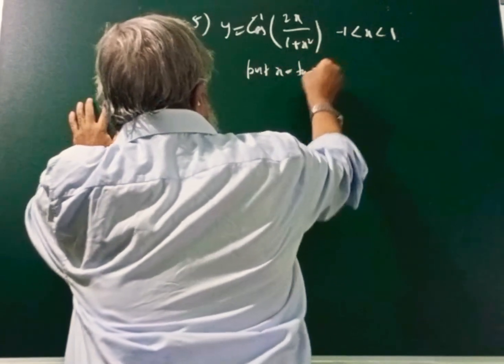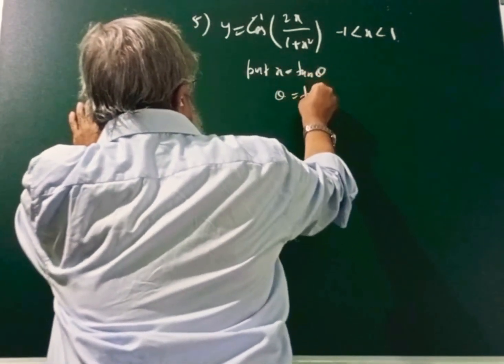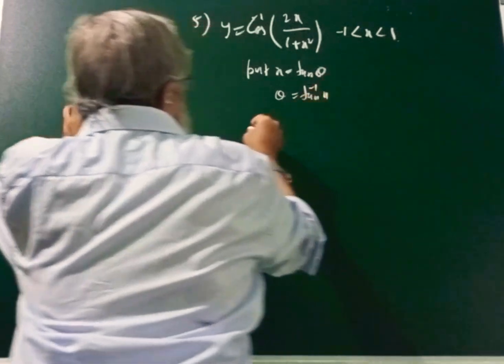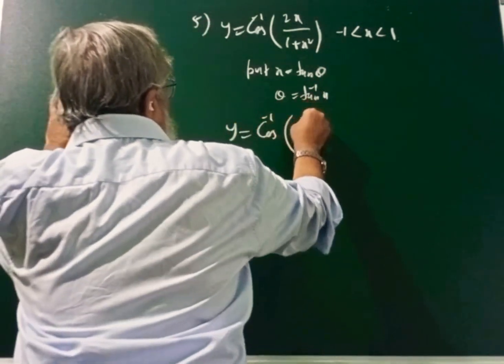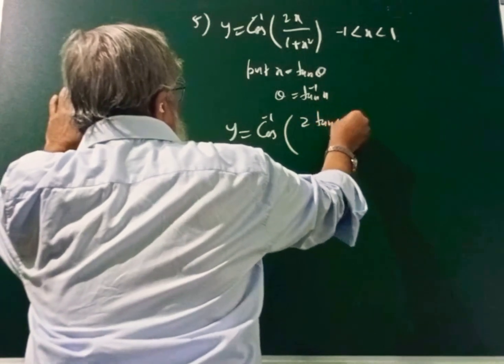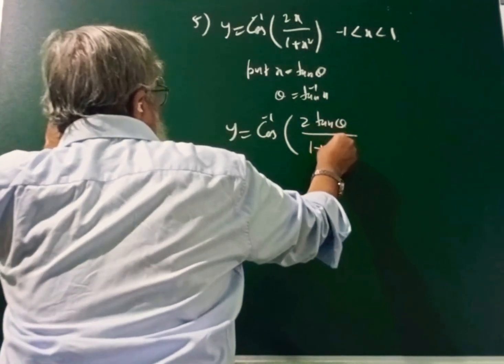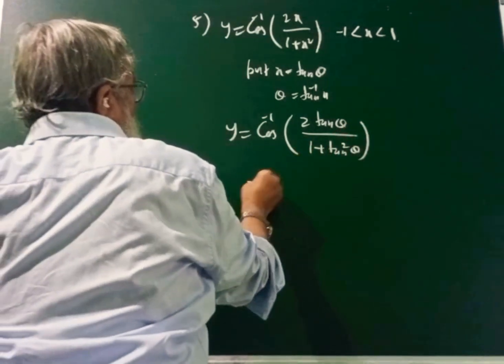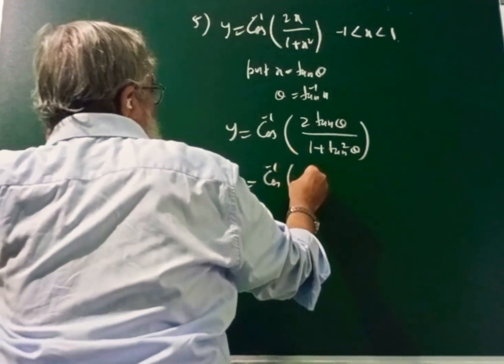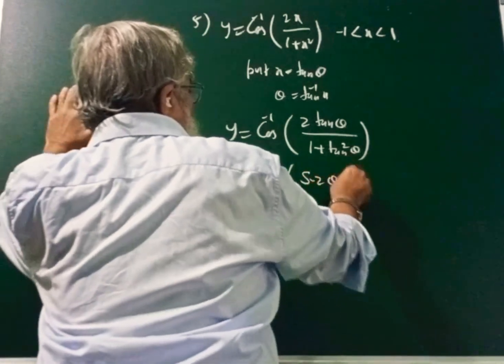Then theta is equal to tan inverse of x. y is equal to cos inverse of 2 tan theta by 1 plus tan square theta. What is this formula? We have used it just now. It is nothing but sine 2 theta.